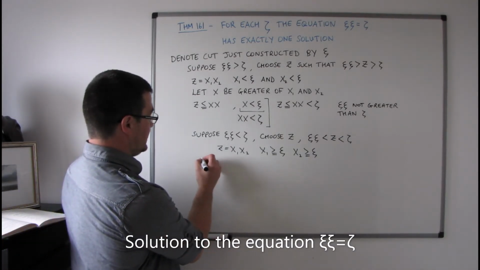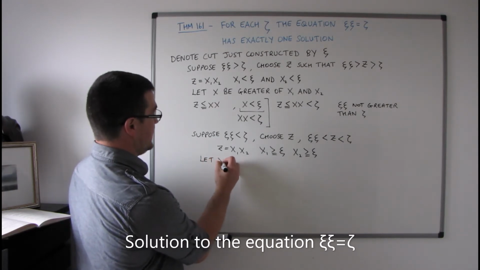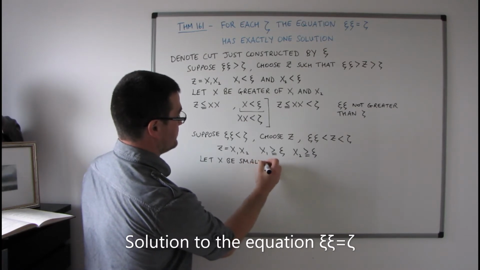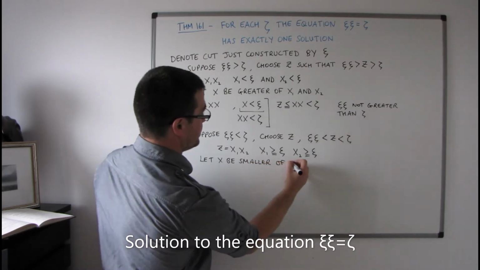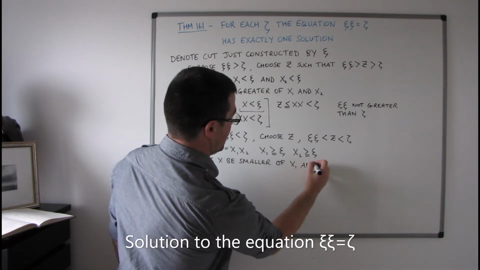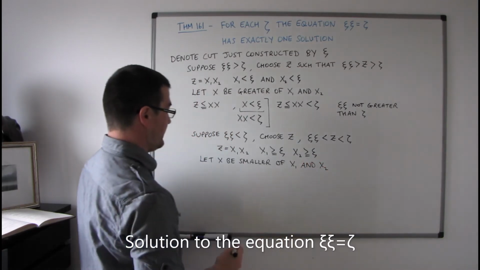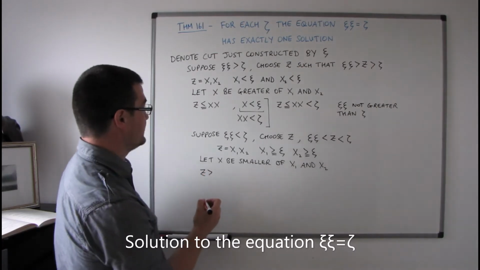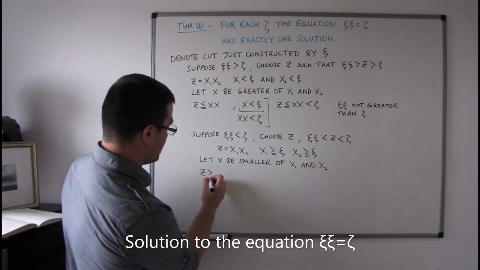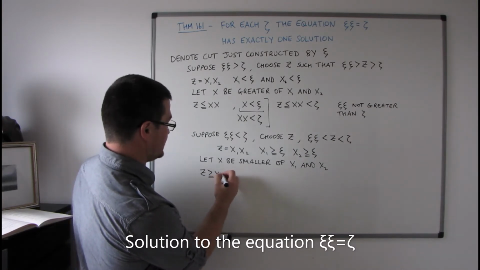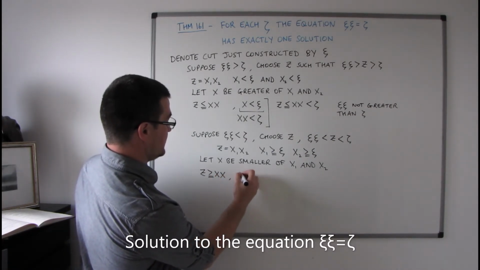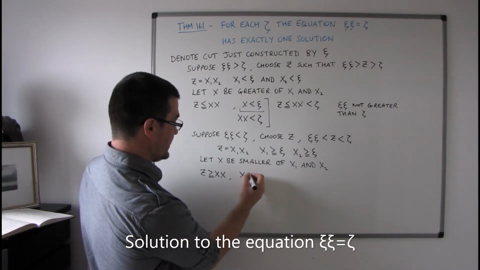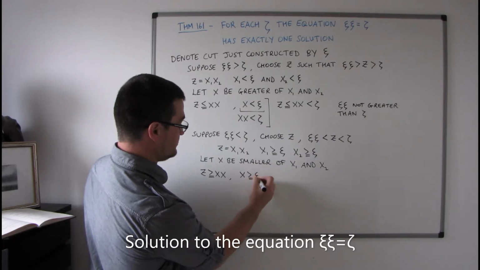And let x be the smaller of x1 and x2. Then in that case we get that z is greater than or equal to x times x, and also x is going to be greater than or equal to xi.